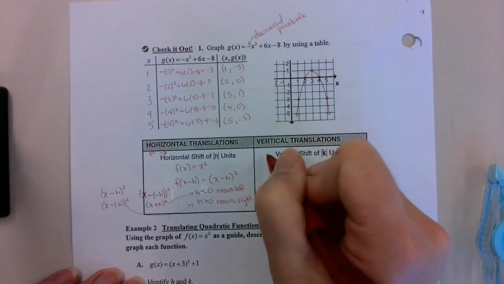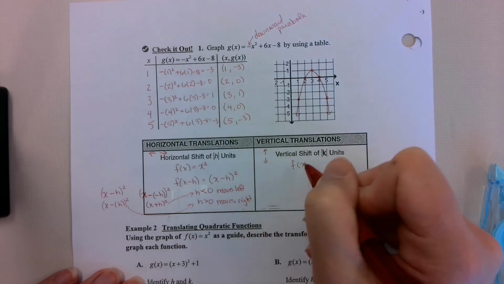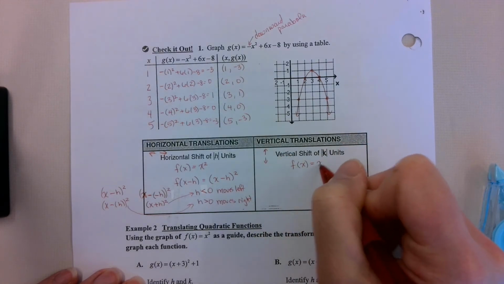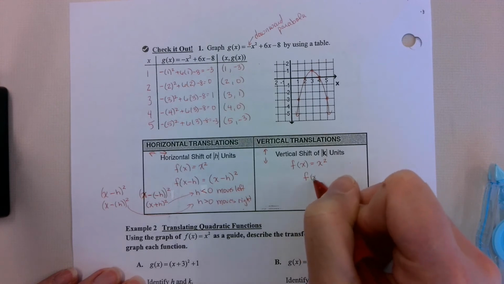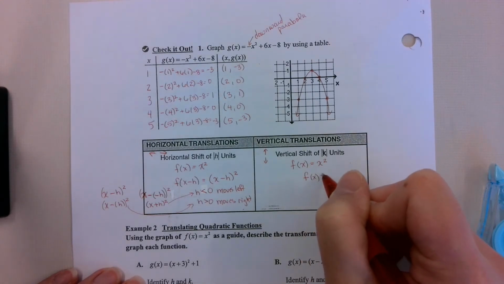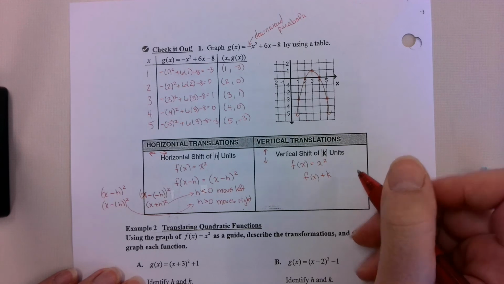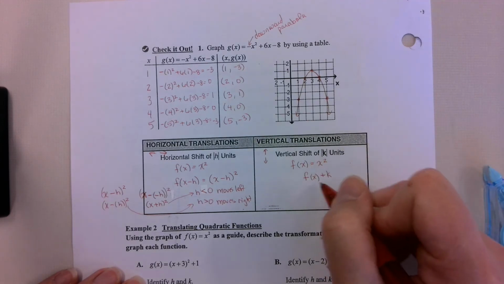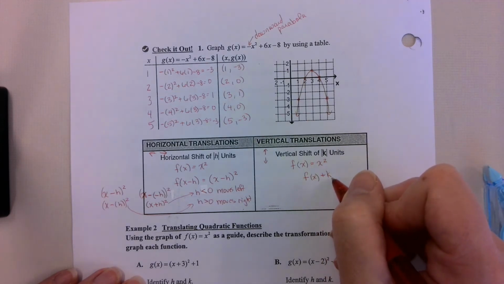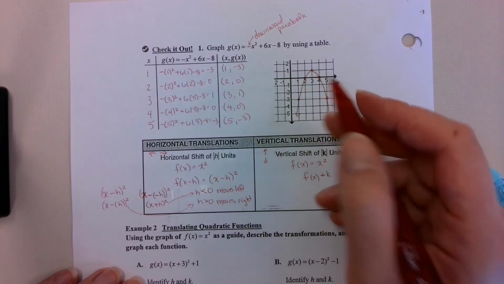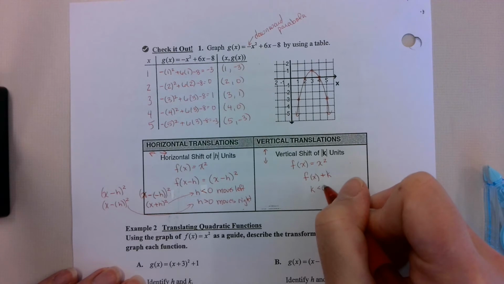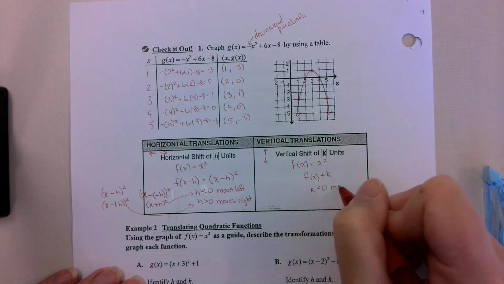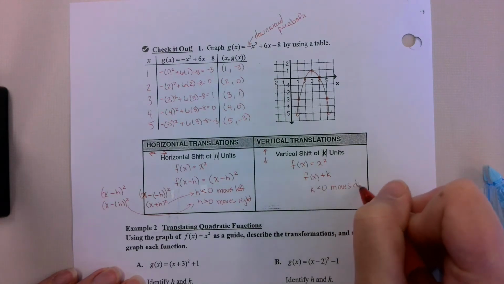Let's talk about a vertical shift going up or down. So parent function f of x equals x squared. And this time I'm taking f of x, I'm leaving the x alone, and I'm adding k on to the end. When we do that outside of the x value, that adjusts the y value, and the y value in your graph is your up and down. So if k is less than 0, it is going to move down.